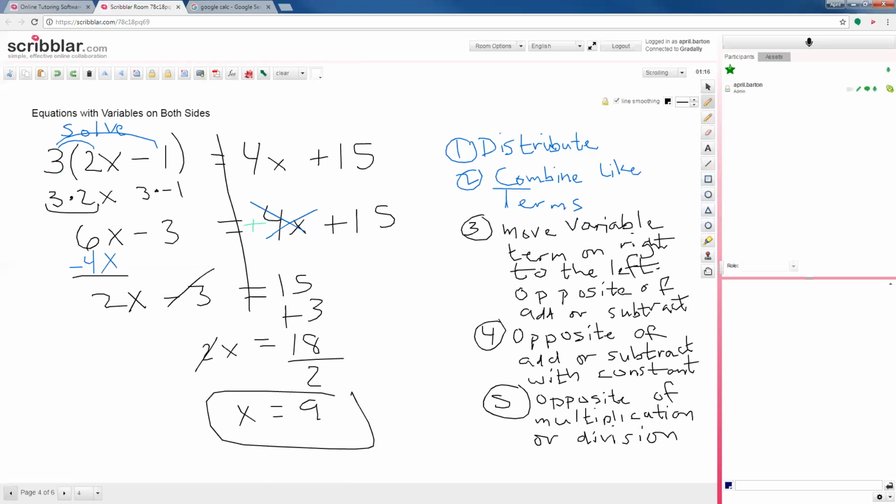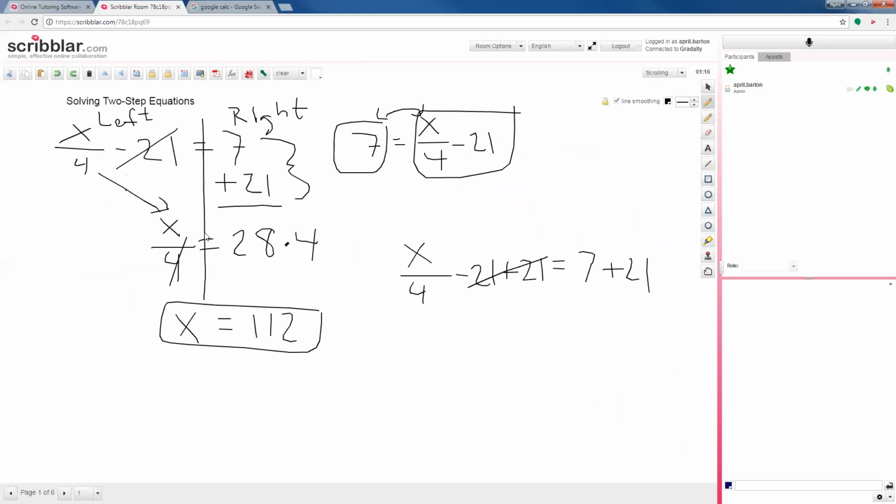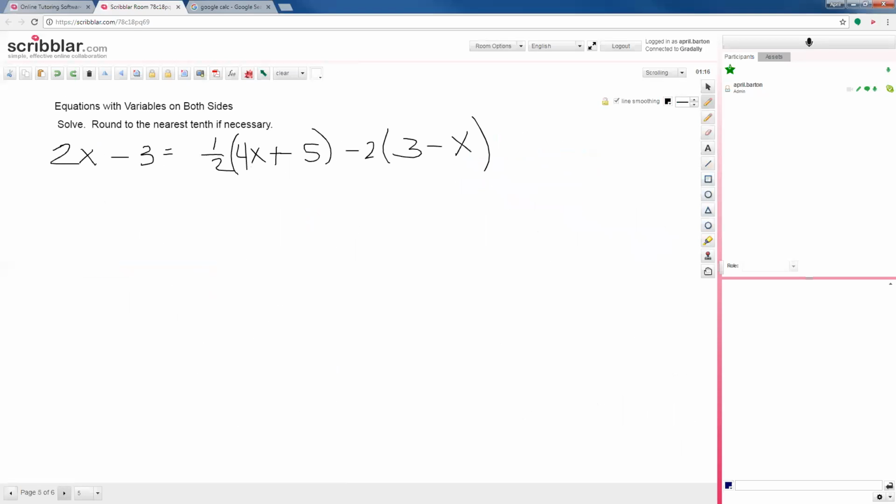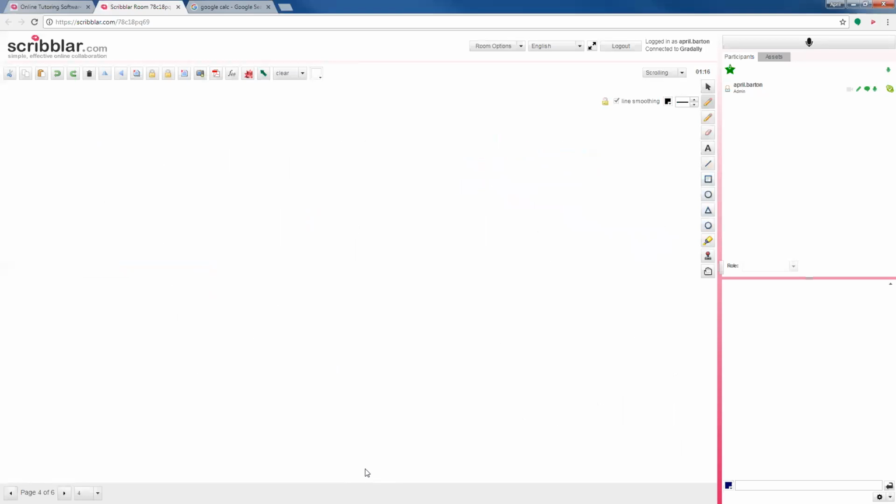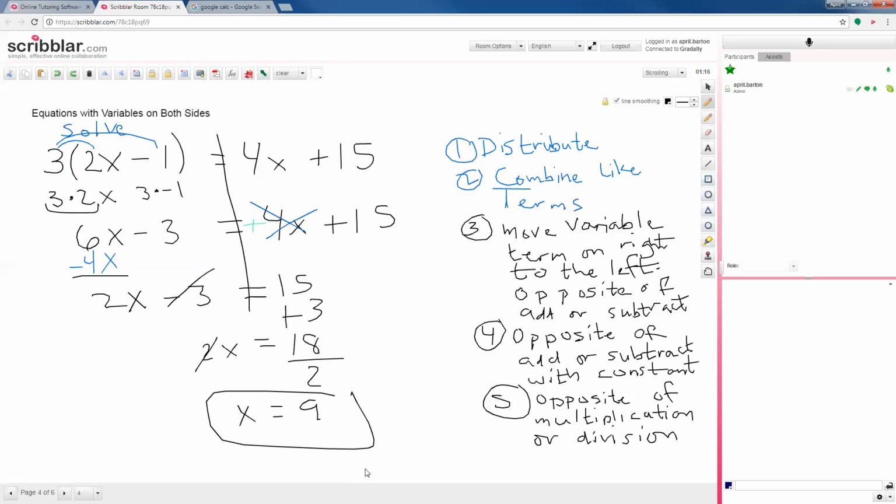On the very first problem, when you had a fraction, our final opposite was to multiply. You kind of have to be flexible with equations. I can't give you exact instructions that work for every situation. So that's why I have to give multiplication or division. It depends on what the problem asks for.